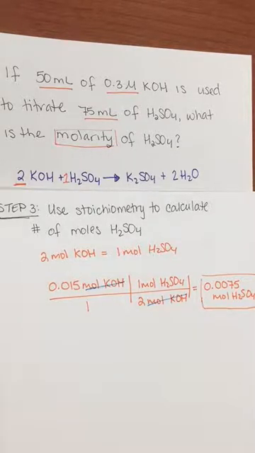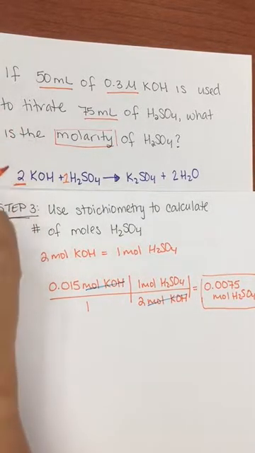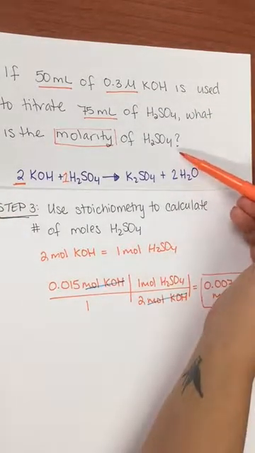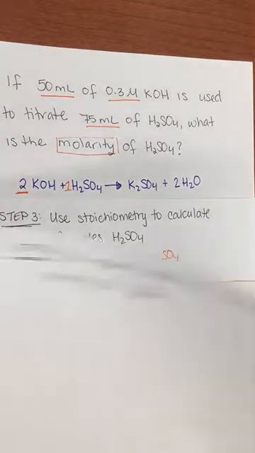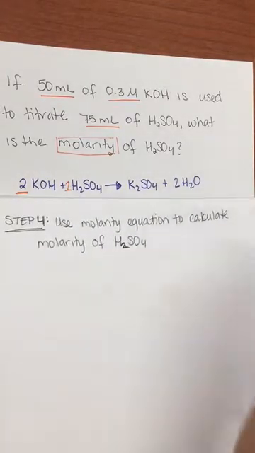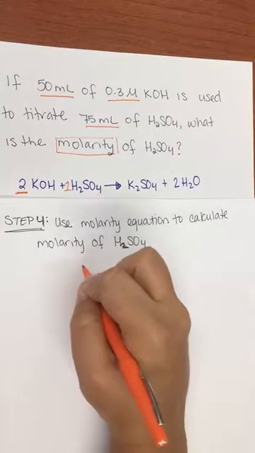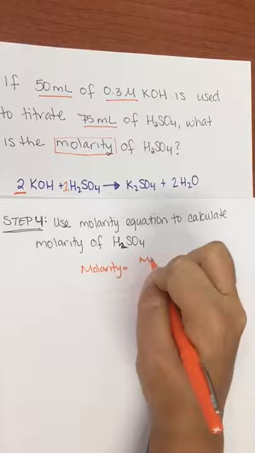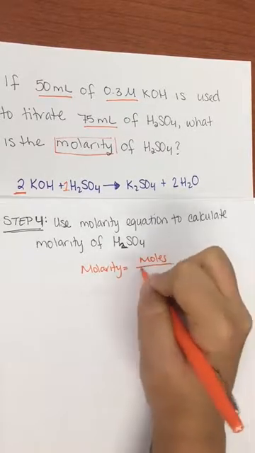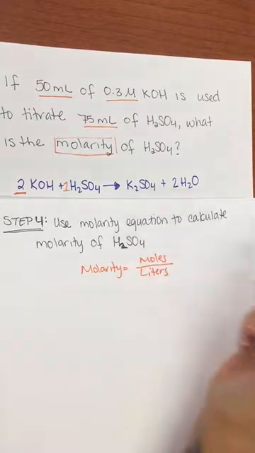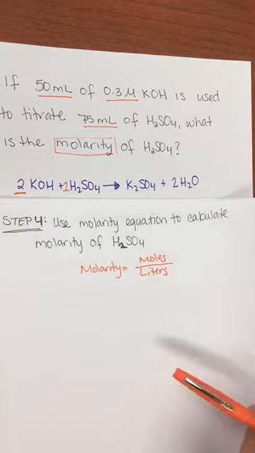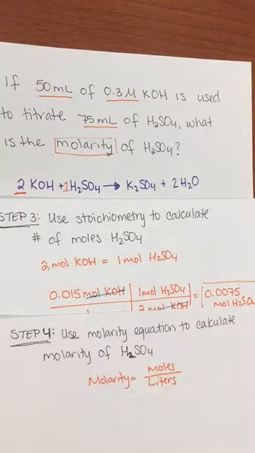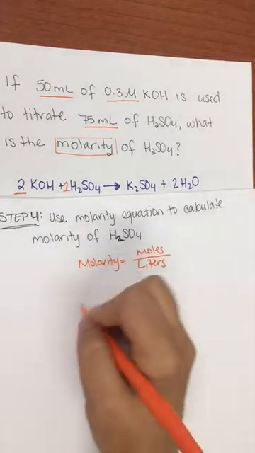So I can finally do my last step, to answer this question about the molarity of H2SO4, by once again using the molarity equation. Molarity equals moles over liters. I know that I have 0.0075 moles of H2SO4.